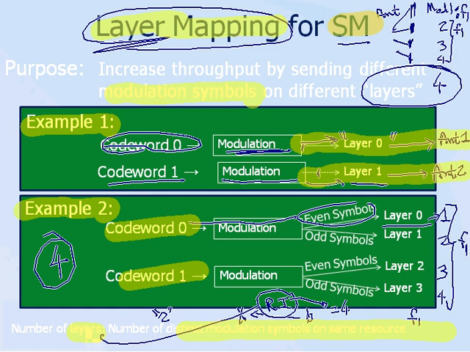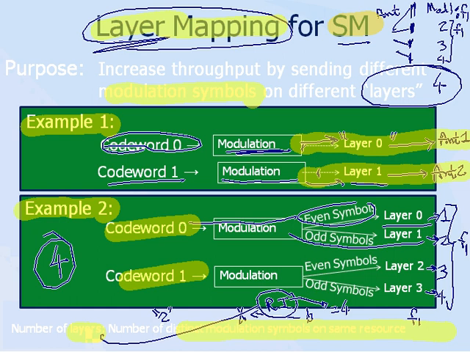Odd-numbered modulation symbols will go over layer 1, that goes to antenna 2, and the same thing for antenna number 3 and 4. So in this case, we have 4 layers. So 4 distinct modulation symbols can go over 4 antennas. All those antennas will use the same subcarrier to send those 4 distinct modulation symbols.